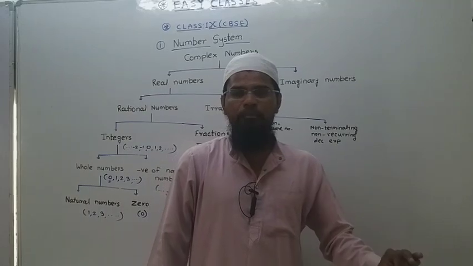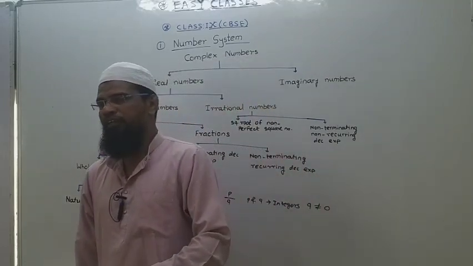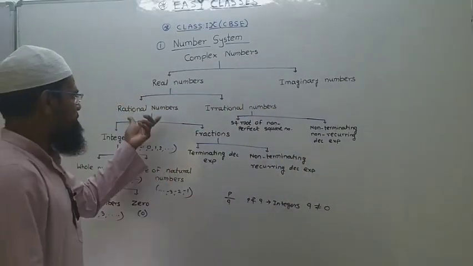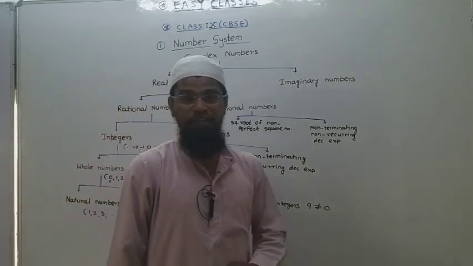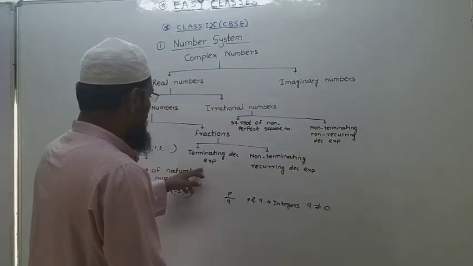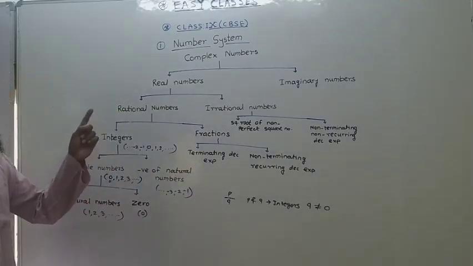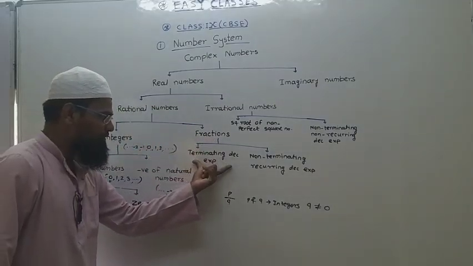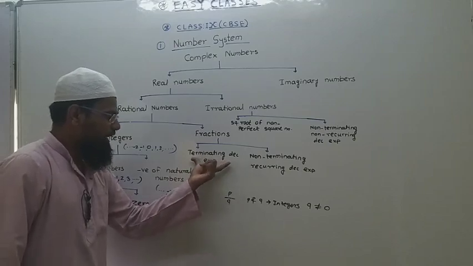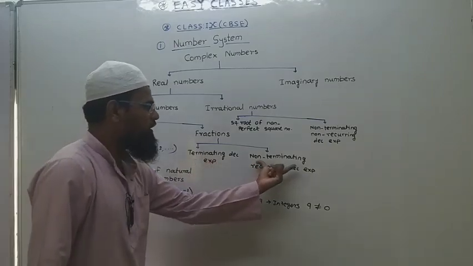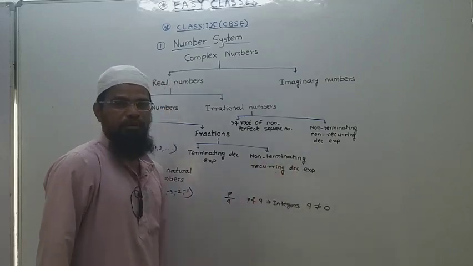All rational numbers are represented in decimal expansion. The fractions have two types: terminating decimal expansion and non-terminating recurring decimal expansion.